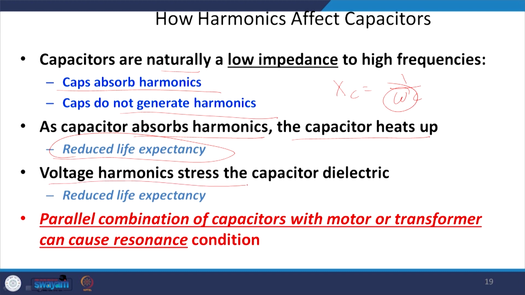Voltage harmonic stress in the capacitor dielectric reduces the life expectancy of the capacitor. A parallel combination of the capacitor with the motor or the transformer can cause a resonant condition. That is also a challenging phenomenon.